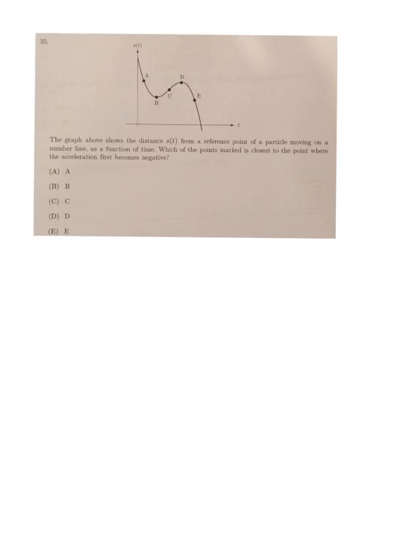The answer to number 35 is choice C. So this is the graph of the position, right? And it says here, which of the points marked is closest to the point where the acceleration first becomes negative?